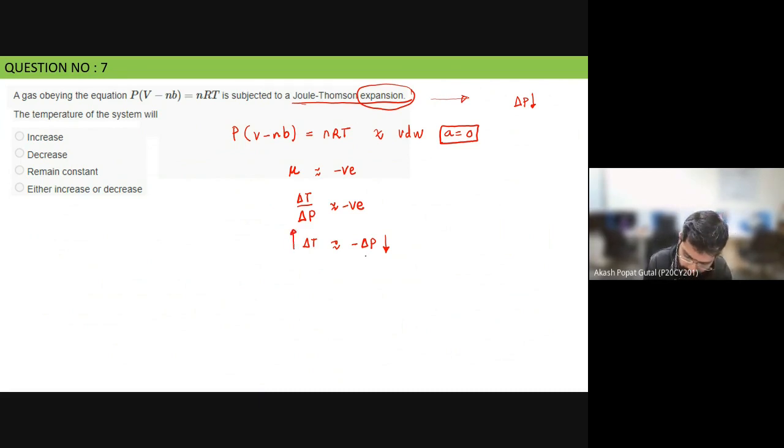Delta P gives you a negative value, and negative times negative will be positive, and your overall delta T will increase. So your answer should be, it must increase. Yeah, good.